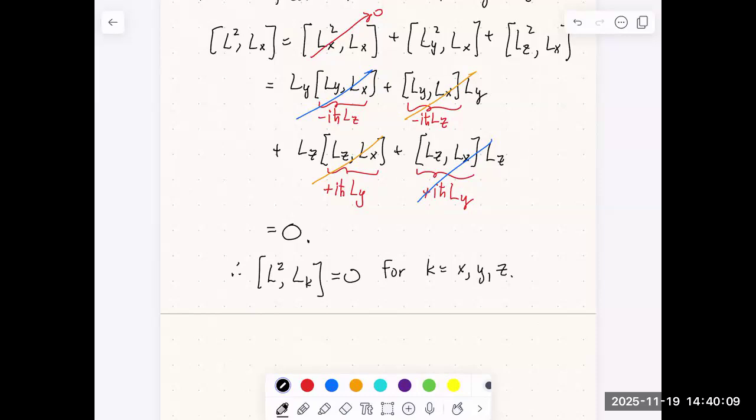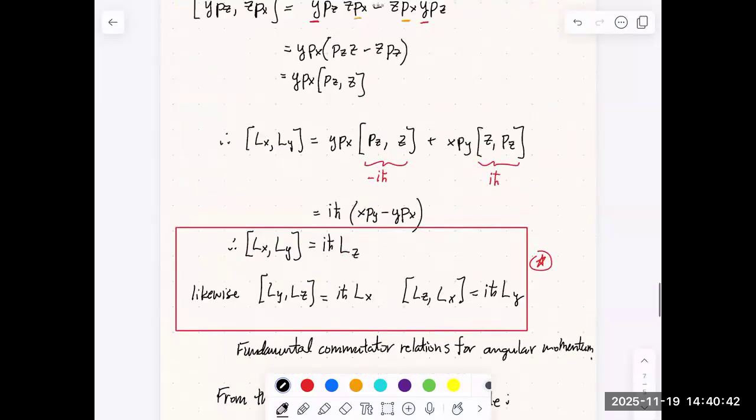And so that means I can find simultaneous eigenfunctions for the operators L squared and for any one of Lx, Ly, or Lz. Now, once I make a choice that I'm going to find common eigenfunctions for L squared and Lz, which is the conventional choice, then that means I can't know Lx and Ly, because we've already determined that if I know Lz, I can't get Lx, and I can't get Ly.